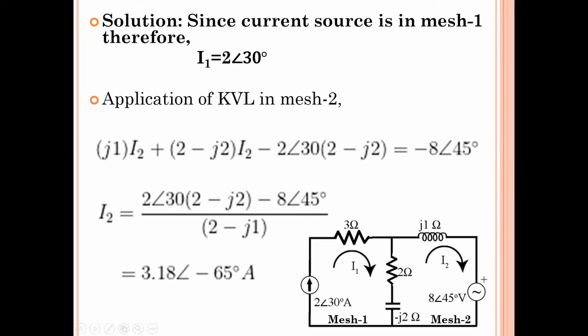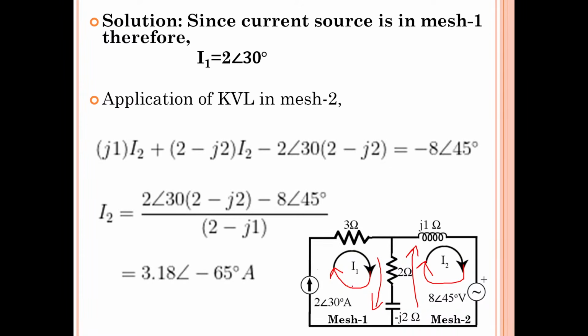Therefore, the current, if you observe, I1 is downwards, isn't it? Draw the circle here, mention the arrow mark. What about the current I2? It is upward.